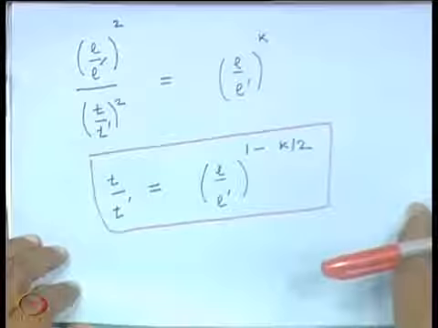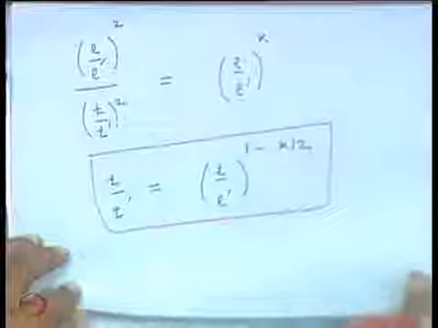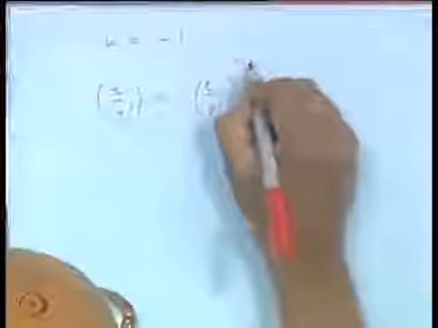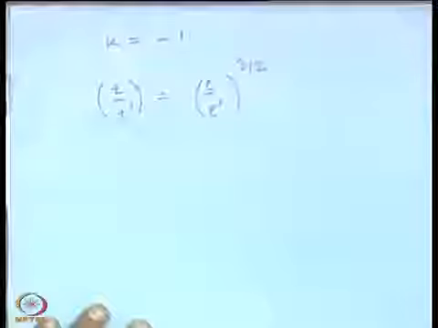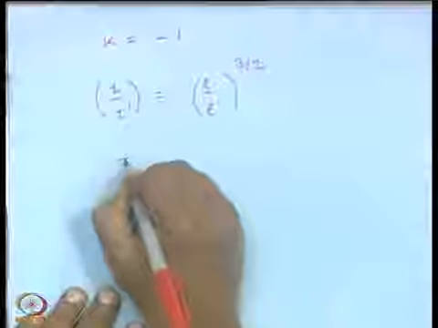We have just worked it out, how the time period is expected to change with the length scale of the orbit. It is given over here, and k is -1. So, what we see is that T by T prime is equal to L by L prime to the power of 3 by 2.